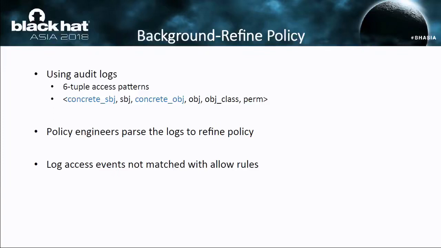The policy engineers will parse these logs to refine the policies. They will focus on the logs that mismatch the allow rules. It means that some operations are not allowed by the defined policies, but they happen in the real world.